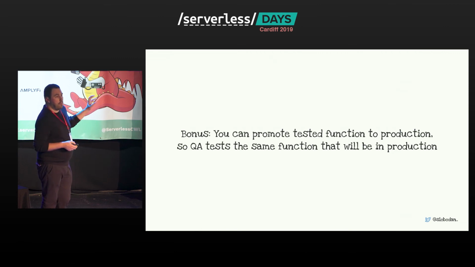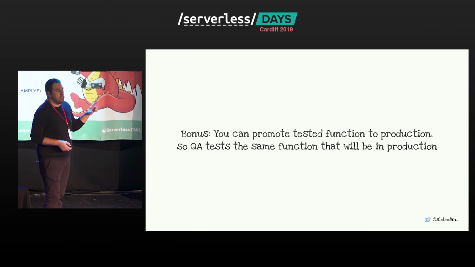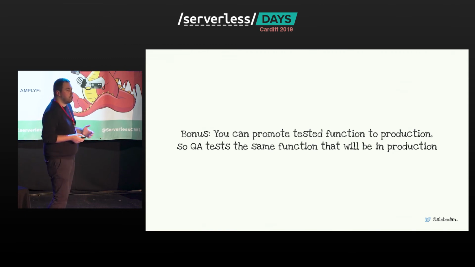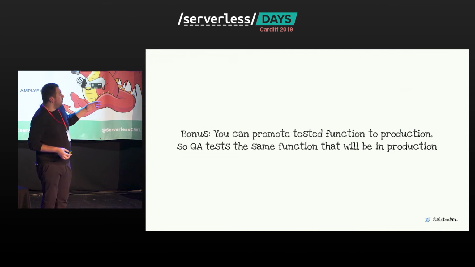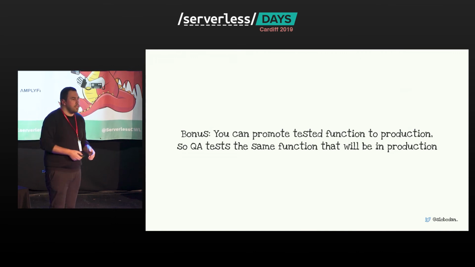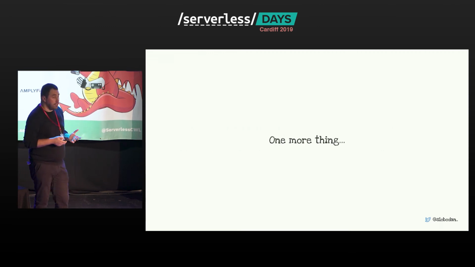So for example, you can label your deployment version 22 as testing or something like that, and then you can use it from testing environment, and when they approve that release, you can just change the alias for that version, and it can go to production. So the same code that someone really tested will go to production. Of course, integration will be different because production might have some different environment variables and things like that. There's one more thing.